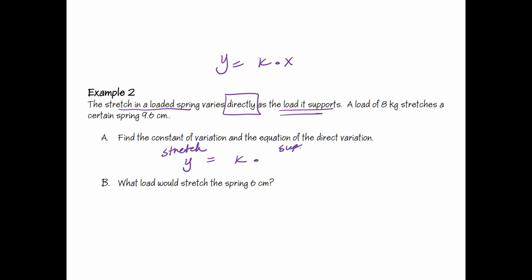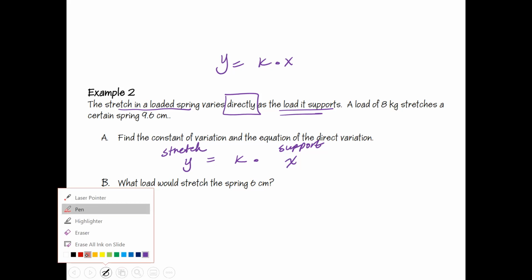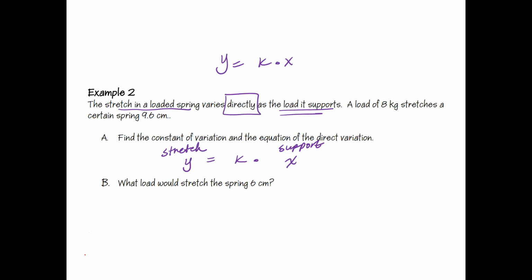So I'm going to put support, which is x. A load of 8 kilograms stretches a spring 9.6 centimeters. Find the constant of variation and the equation of the direct variation.